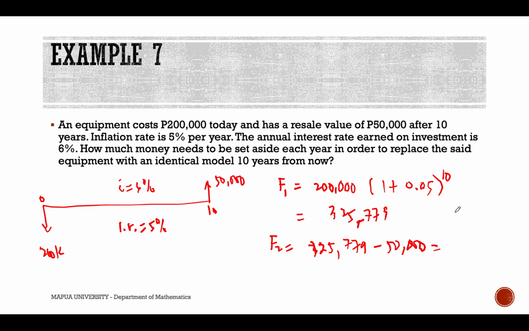So this is 275,779, and we compute for the annuity. So this is the amount needed to be set aside each year. So this is an annuity.